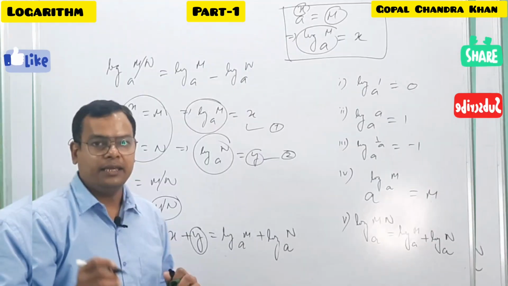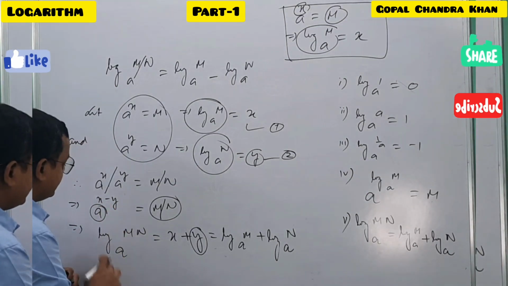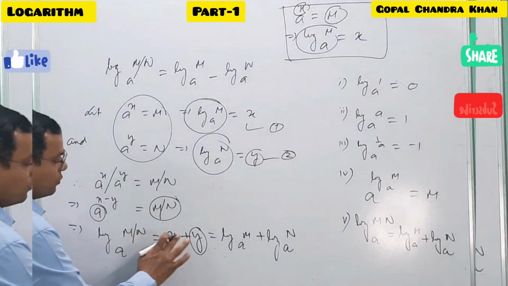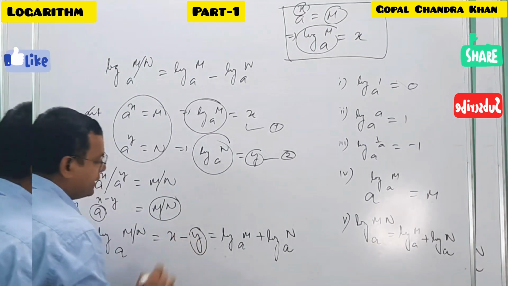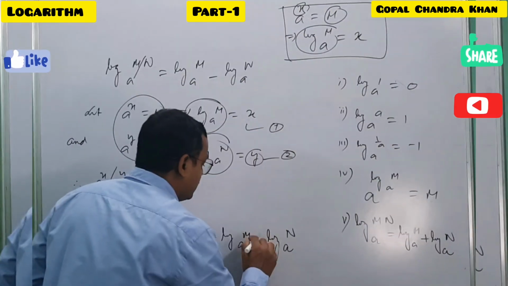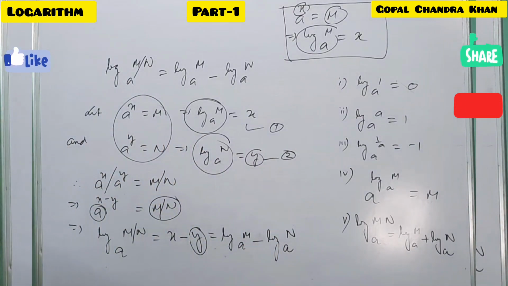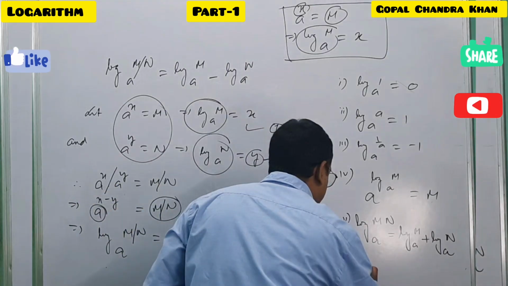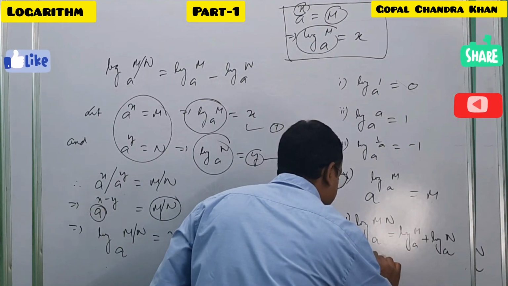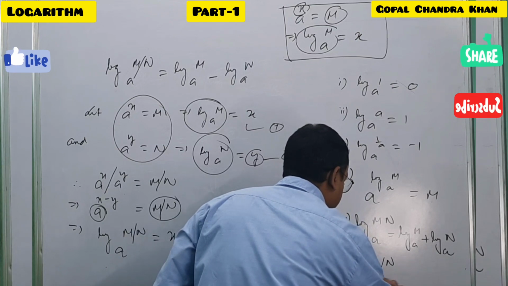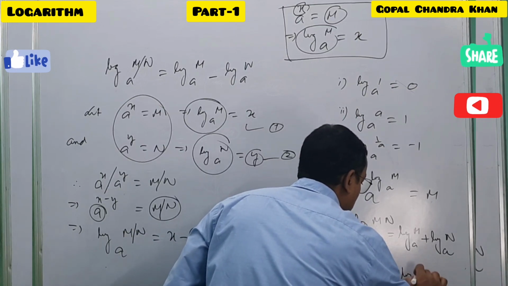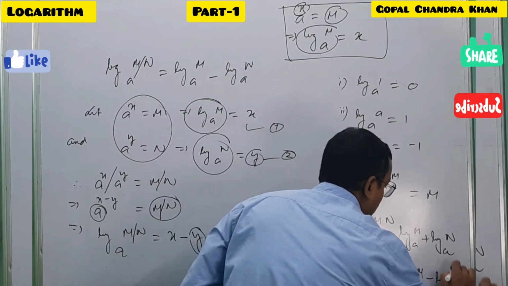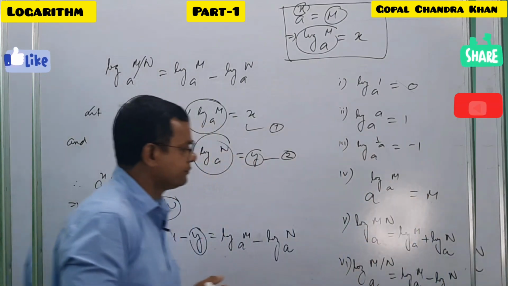Now, if I see this is minus, that means from that formula, if I take log m by n, we are getting only minus here. And if I replace all the other values, we are getting only minus here. That means another formula we found: logarithm m by n base a equals to log m base a minus log n base a.